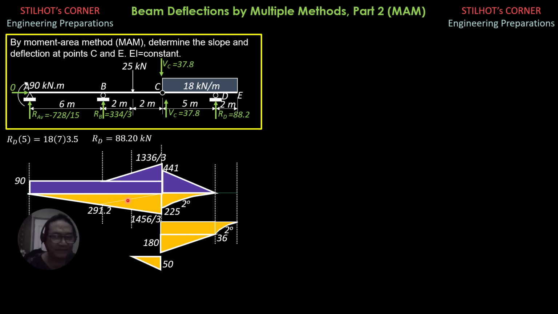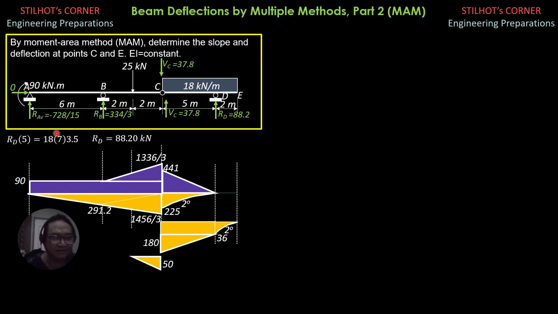So let me explain first. So we have 90, right? Couple. Then 334 over 3 times 4, we have 1336 over 3 EI. There is an over EI, but I just hide it. Anyway, EI is just treated as 1.